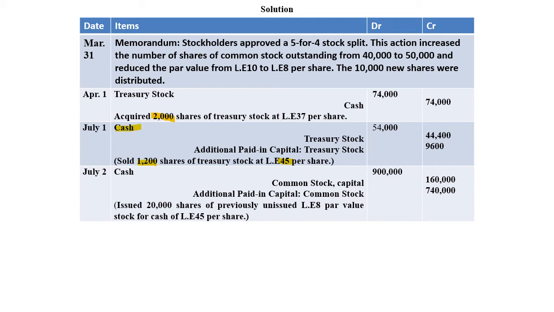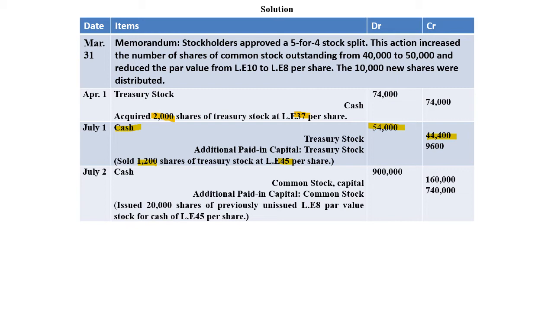And then treasury stock is credited by the original value of purchasing these stocks. So you multiply 1,200 by 37 to get 44,400. The difference between 54,000 and 44,400 is 9,600, additional paid-in capital, treasury stock.